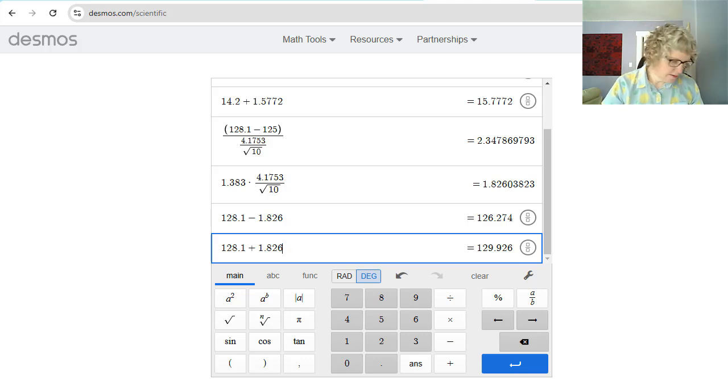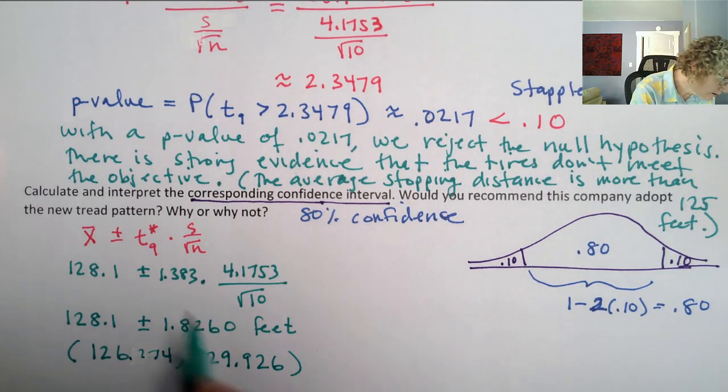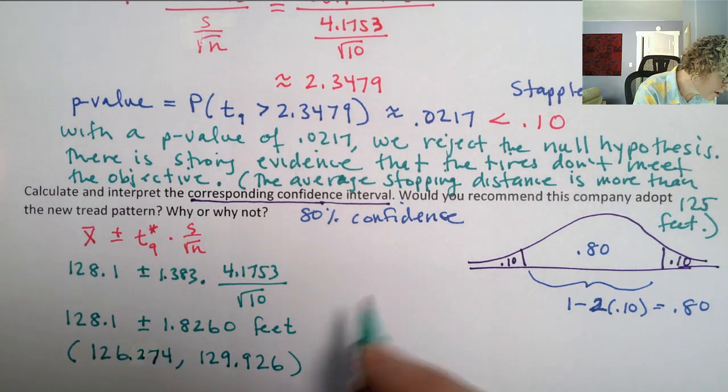Okay, so let me write these down. Sorry, I messed that up. 126.274 to 129.926, and then of course I'm going to write feet at the end.